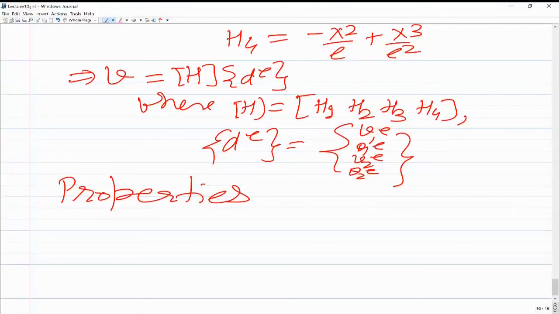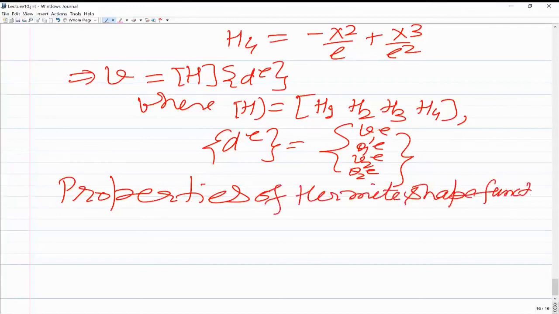Now if we talk of properties of Hermite shape functions, properties means we are just talking about their values at node points.